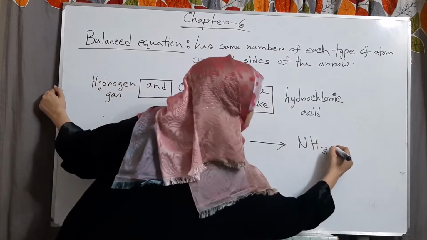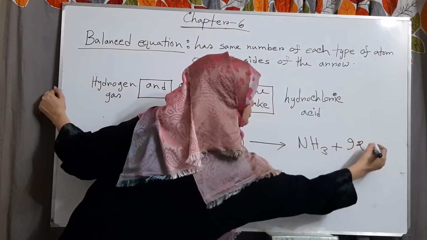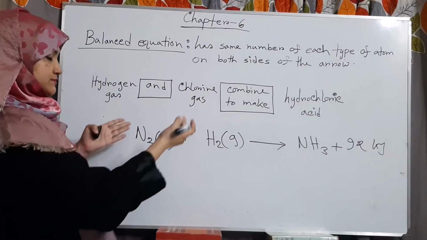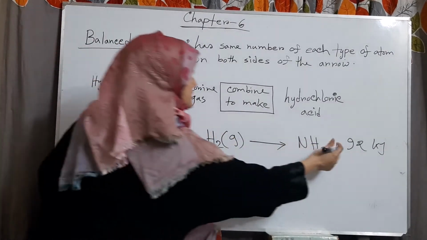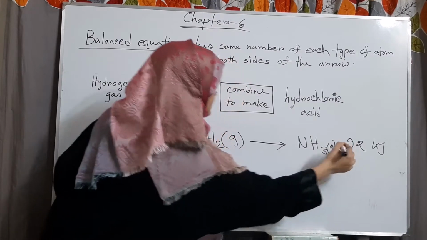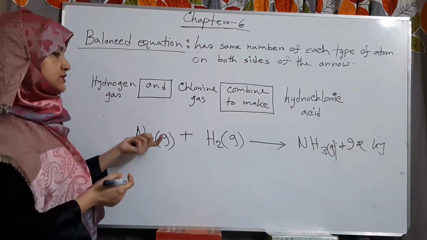Heat is evolved; 92 kilojoules of heat is involved here. For this reaction, this is also a gas, so we have to mention gas within brackets.